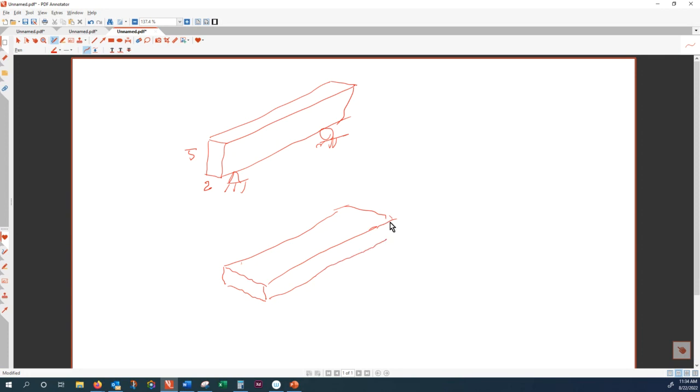So the length is the same, the supports are the same. The only difference is you decide to put this one in a tall configuration, configuration 1. This one you place that in a flat configuration, so still that is 5, 2, and let's assume that this is 10 meter, this is again 10 meter, and that is configuration 2.